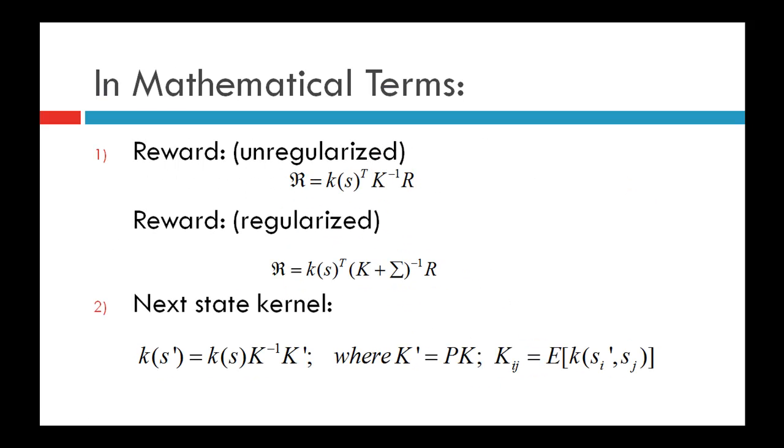So now let us represent all the three facts in mathematical terms. The first one is that the algorithm tries to find the relation between the states and the rewards.